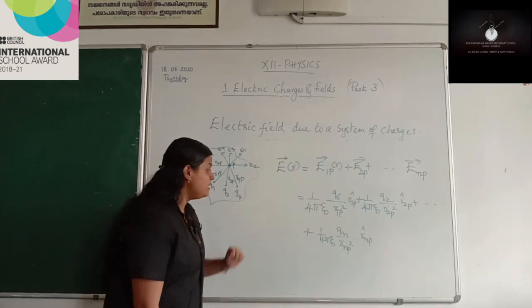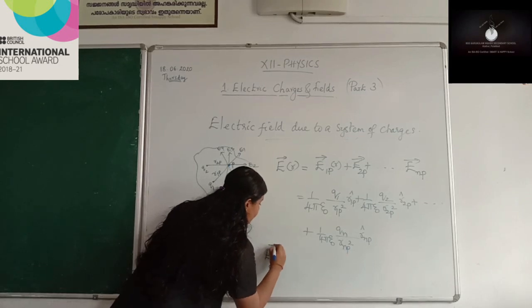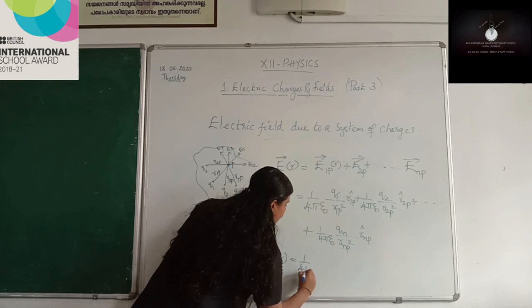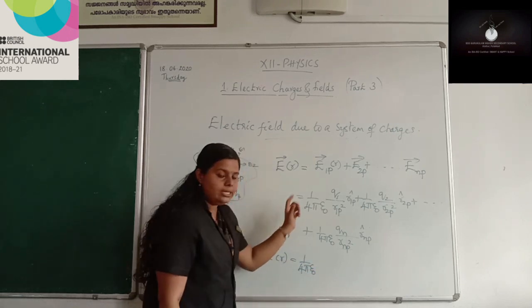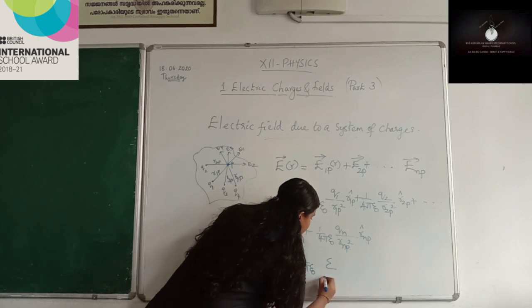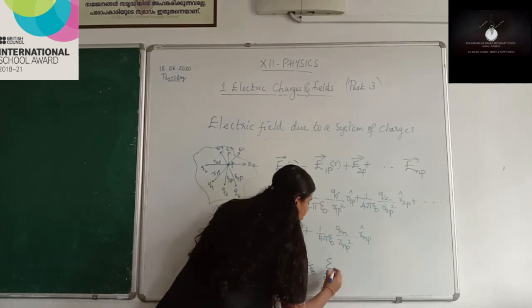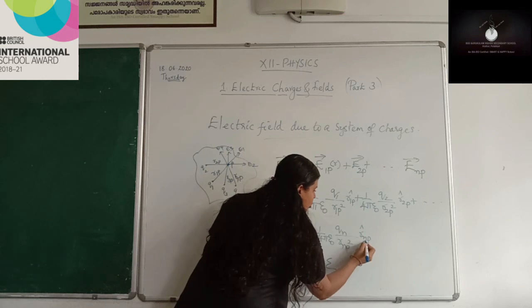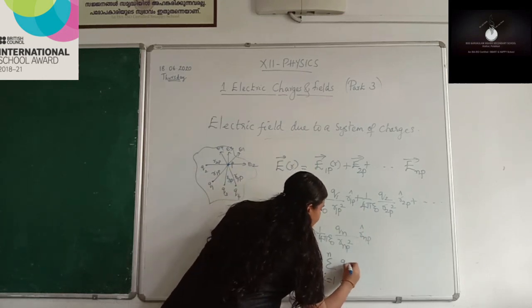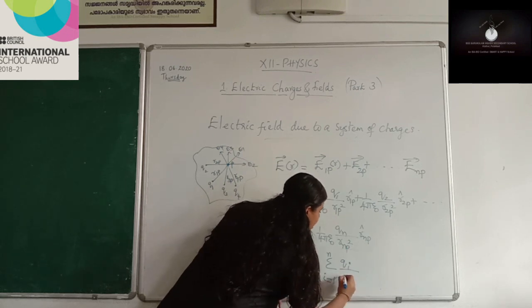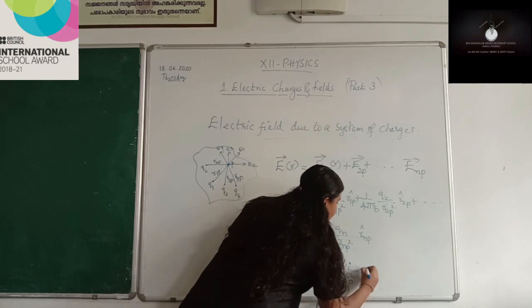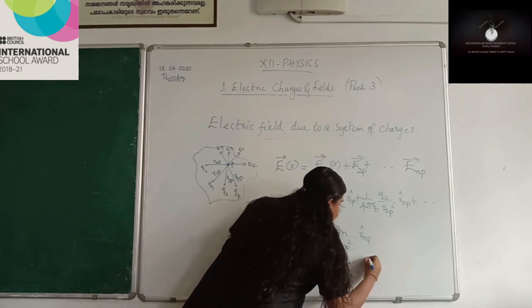Now we can rewrite this expression as E of r is equal to 1 by 4 pi epsilon 0, which is a common term, times the summation from i equal to 1 to n of Qi divided by RiP square into unit vector RiP.